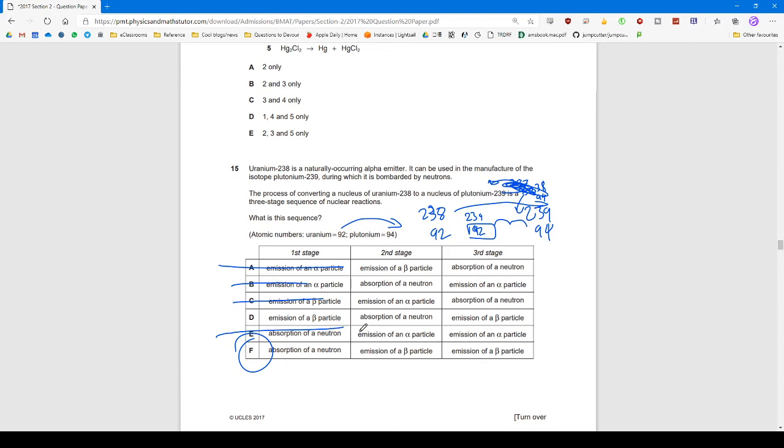The absorption of the neutron comes first, which makes the atomic nucleus more unstable to the point where it emits a beta particle. So if the absorption of the neutron is first, then it should be F.